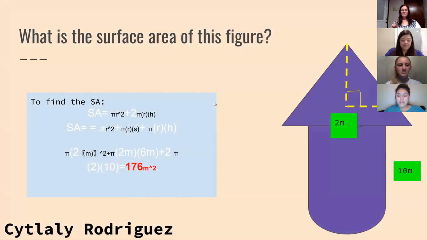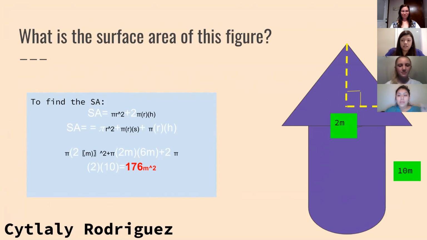Cece, can you tell me how to find the surface area of this figure? Of course, Jessica, that is a great question. So we know that the surface area formula is pi r squared plus 2 pi times r times h. So the formula that we're going to be using is pi r squared plus pi times r times s plus pi times radius times the height.